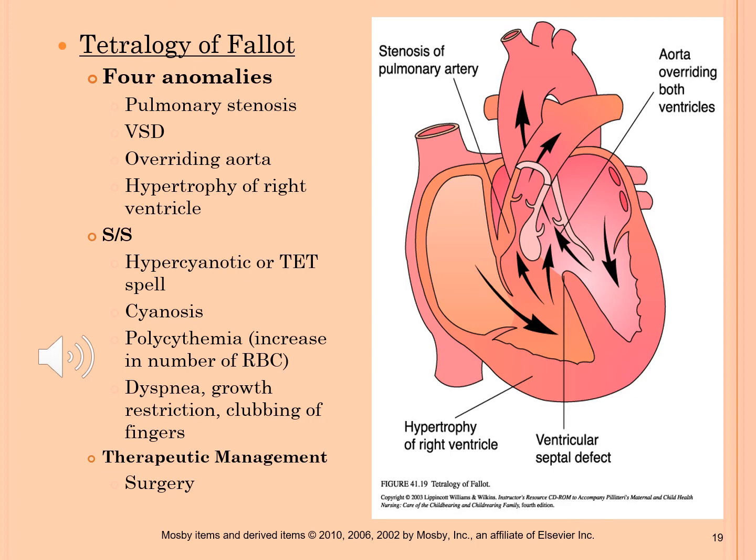And the last thing that they have is what's called an overriding aorta, which means that the aorta normally is sitting really nice into the left ventricle. Well, because of everything that's occurring, now the aorta is sitting right on top of that VSD. And because it's sitting right on top of that VSD, when you've got blood flowing from the right ventricle to the left ventricle, that's, remember, right side of the heart, deoxygenated blood, and it can't get out to pulmonary. So pressure is greater going across that defect, and that deoxygenated blood will go out to the aorta.